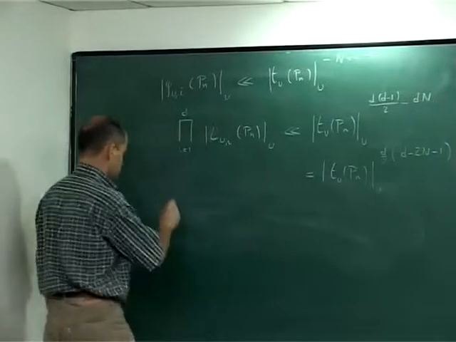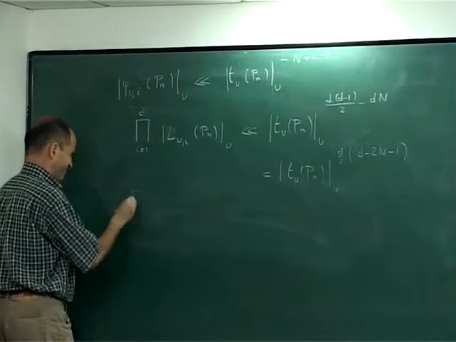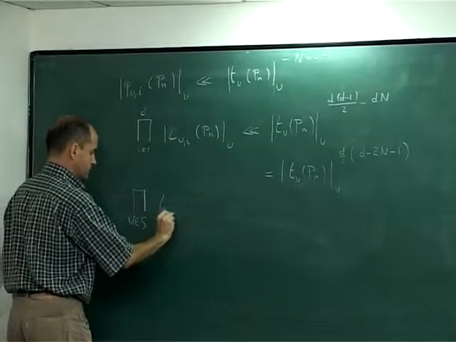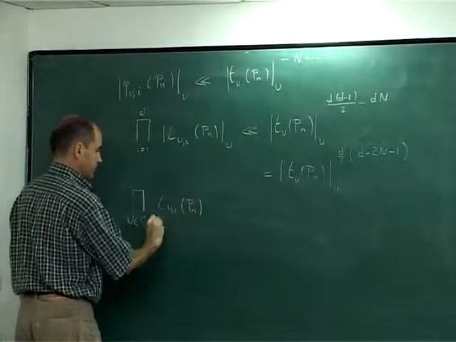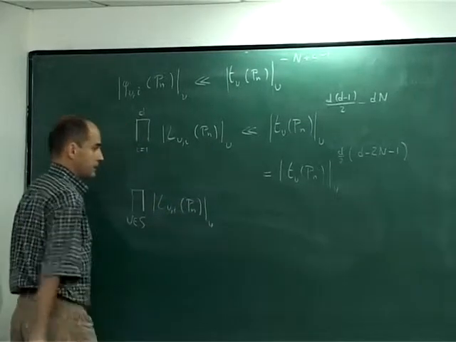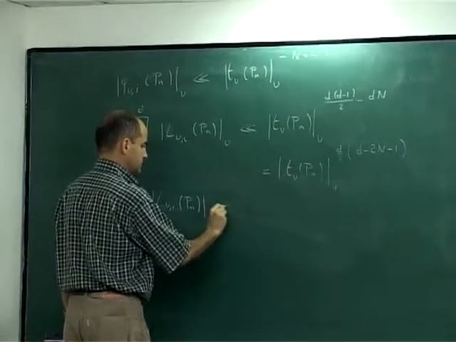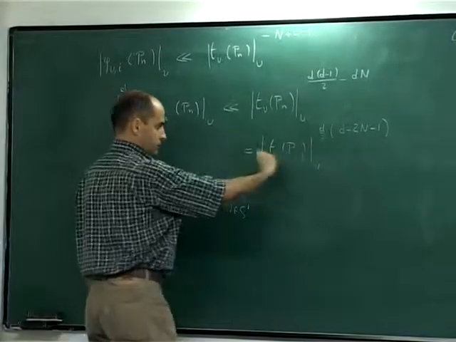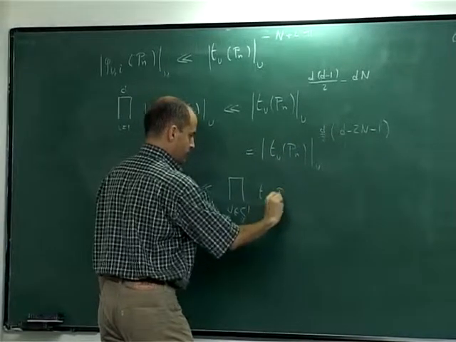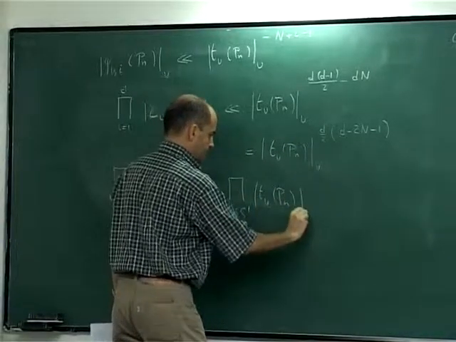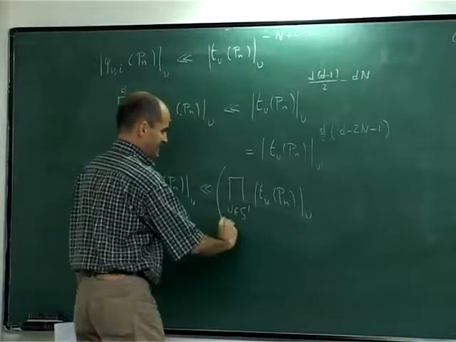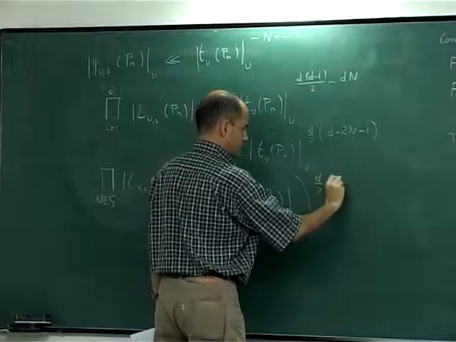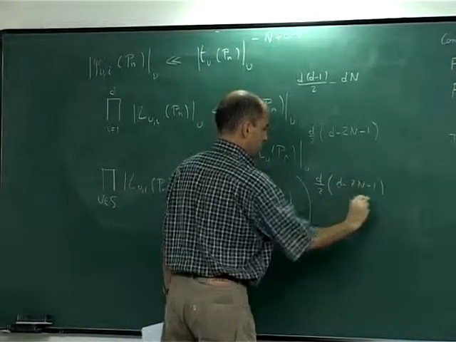So the total product for all nu in S is less than the product for nu in S prime of this T nu Pn, and then I can raise to this exponent.